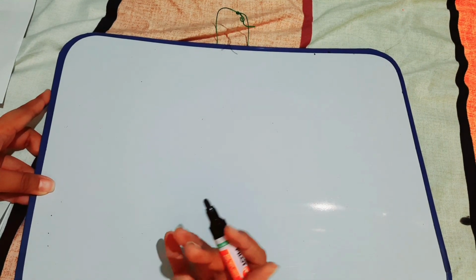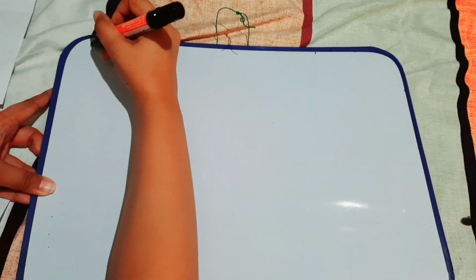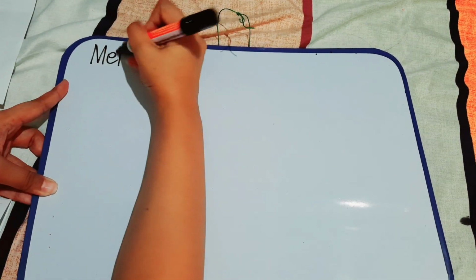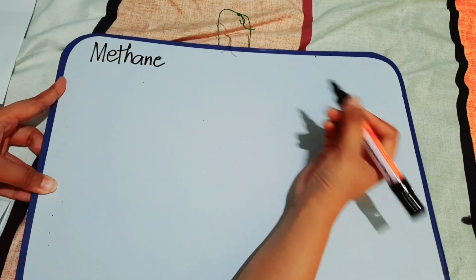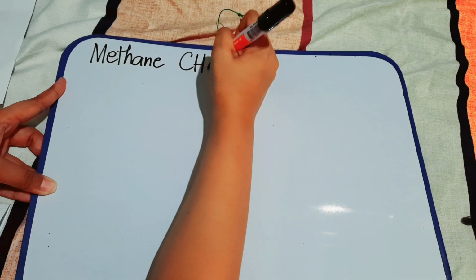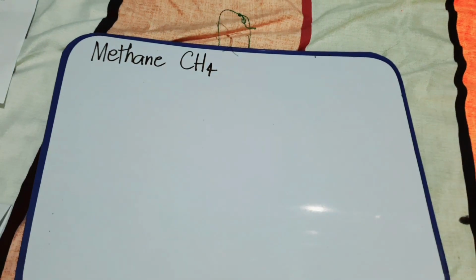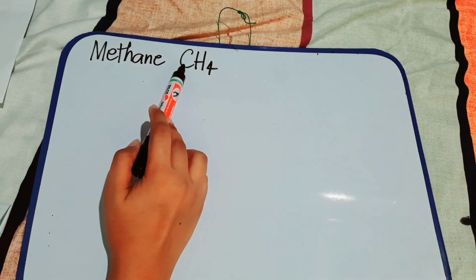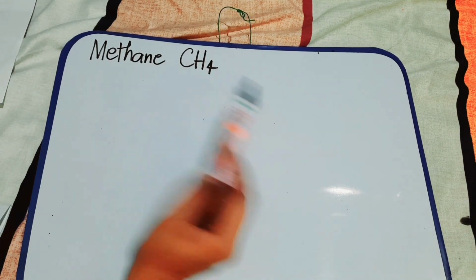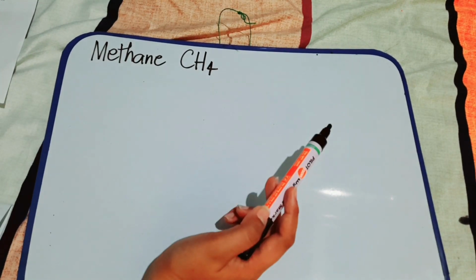We're going to calculate the mass percent of each element in a compound methane. So, methane, the chemical formula for methane is CH4. Okay? So, kukuhanin natin ano ba yung mass percent ng carbon at ano yung mass percent ng hydrogen.